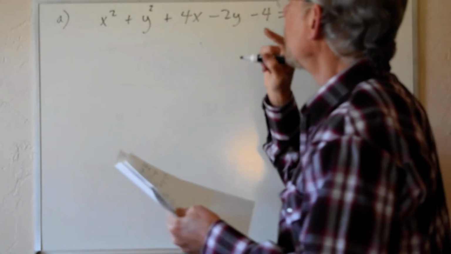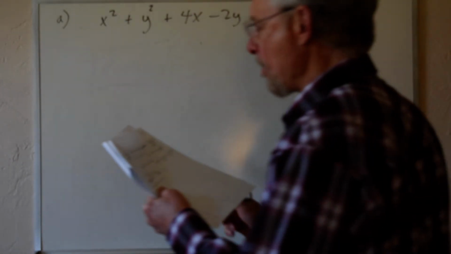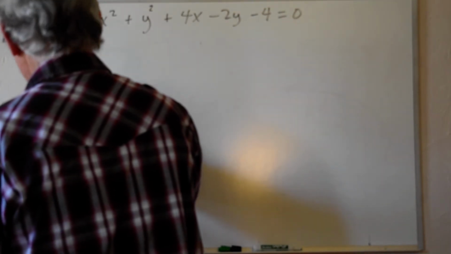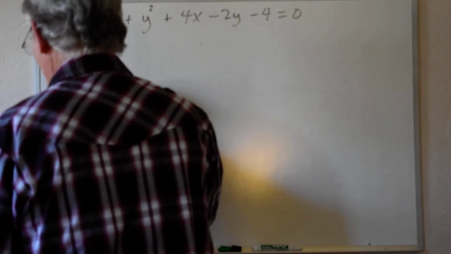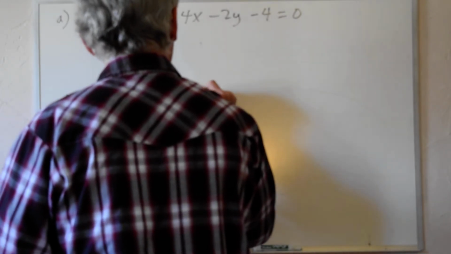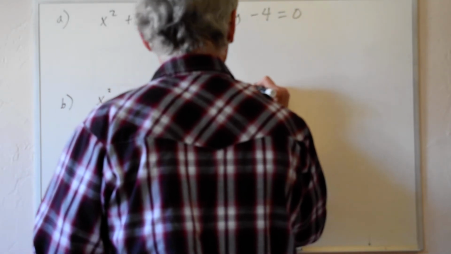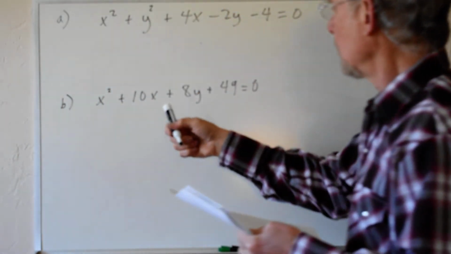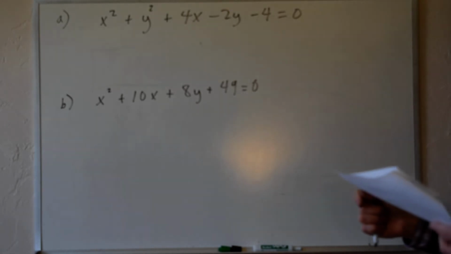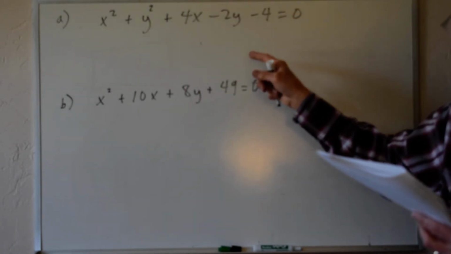And I'm going to tell you it's either a parabola or a circle. In part B, my equation is x squared plus 10x plus 8y plus 49 equals 0. Again, it's either a parabola or a circle. So I want you to go ahead and classify each of these.